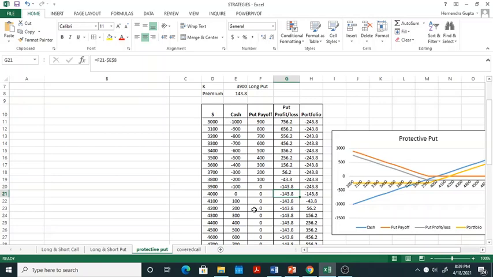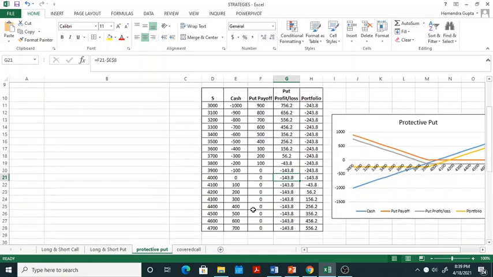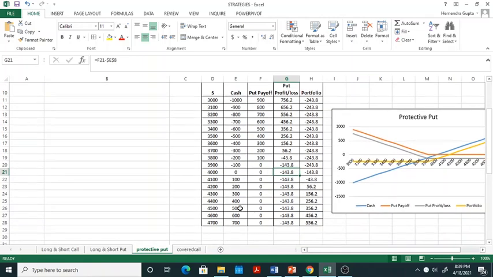Now let's go the other way around. Let's assume the stock has gone to 4,700 rupees. In that case, I'm holding the stock, which means at that level I will be gaining 700 rupees. What will happen with the put option?